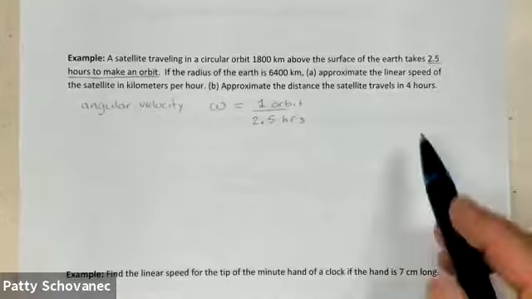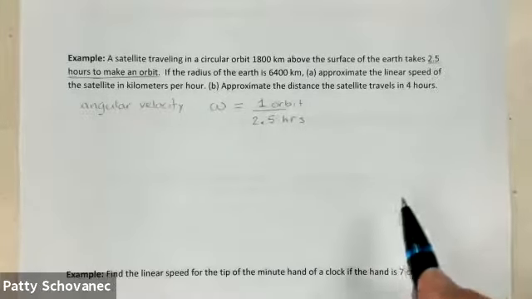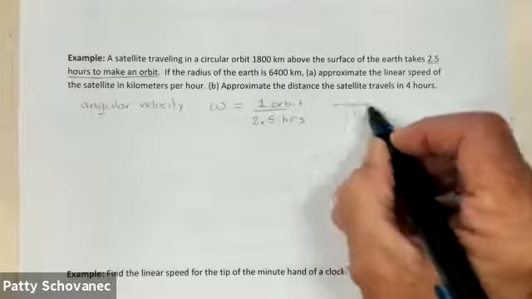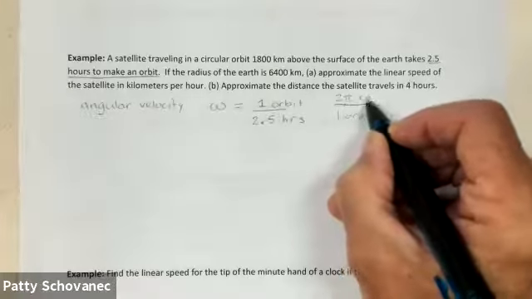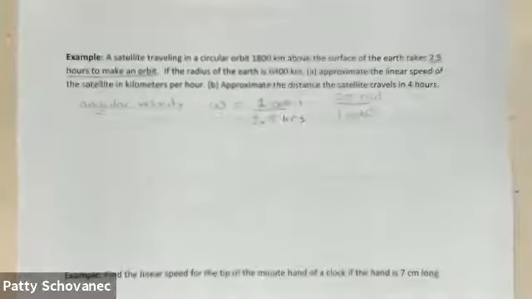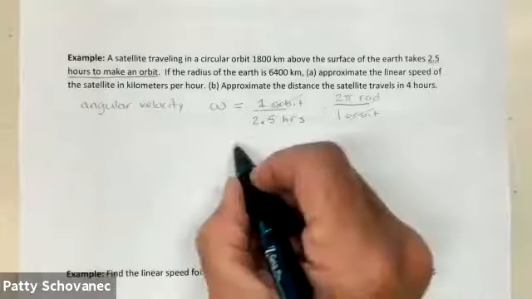Now I need to convert that to radians. 1 orbit is 2 pi radians. That cancels the orbits, and I get 2 pi divided by 2.5.